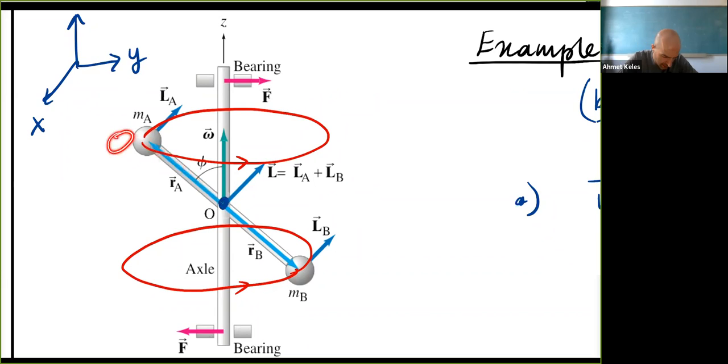If you like, you can think of it like this. It is out of the page, and this is R. So this is R cross P, so this is going to be LA, right? This is the first L. And similarly, this is into the page. So I can start from R, curl my fingers into the page, then my thumb will be this, so this is LB.